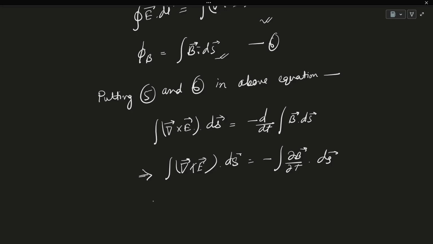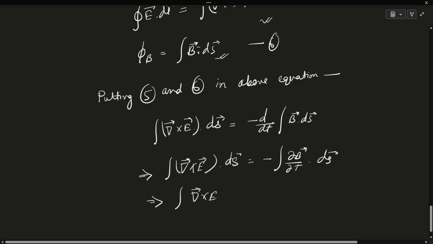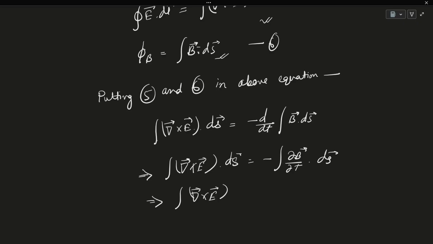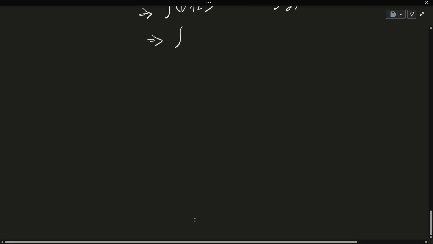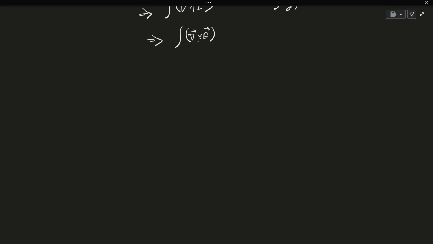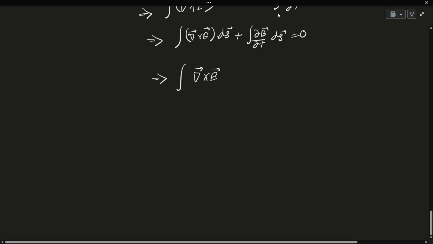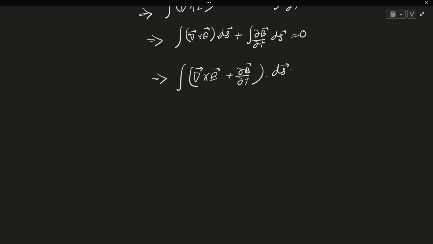Now let's move this towards the left, then we get the integration of (∇×E)·ds plus the integration of ∂B/∂t·ds, and combining these two terms, this will be equal to 0.